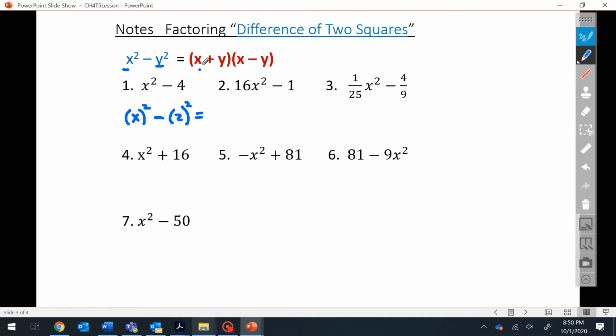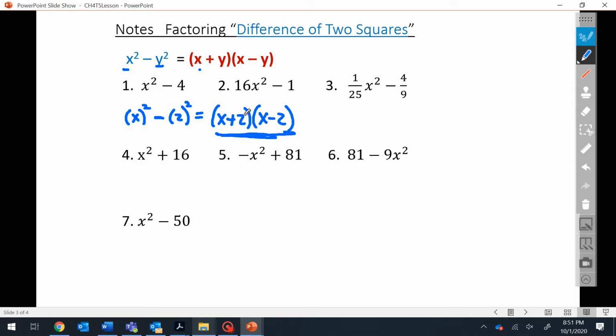So the factored form would be x plus y. X is x, and y is 2. So it would be x plus 2. And then the second one would be x minus 2. This would be the factored form, x plus 2 times x minus 2.